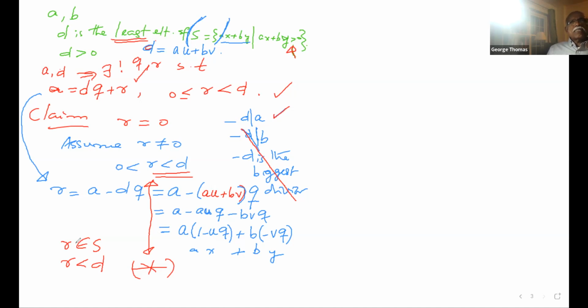One day when you teach this, you will appreciate, wow, this is a beautiful proof. Therefore, R equals 0. Therefore, we can say A equals DQ, which implies D divides A.